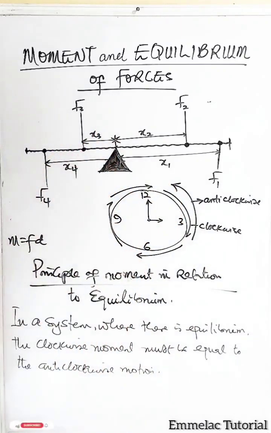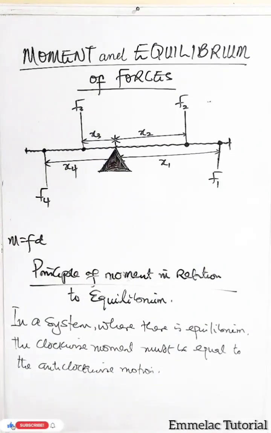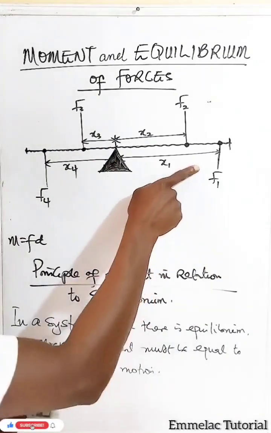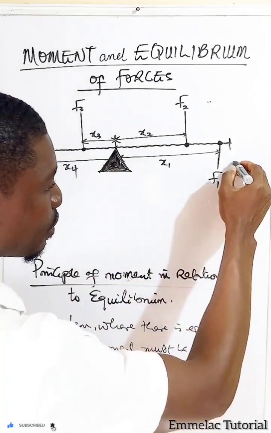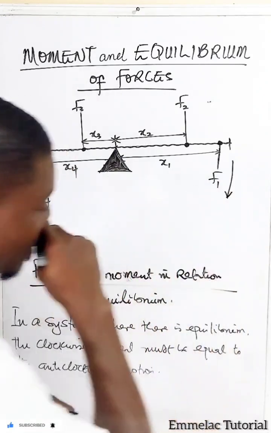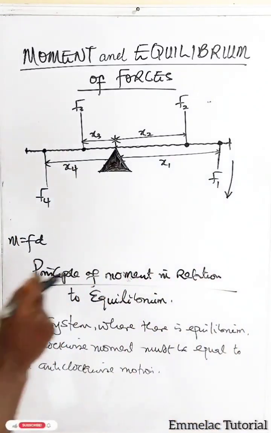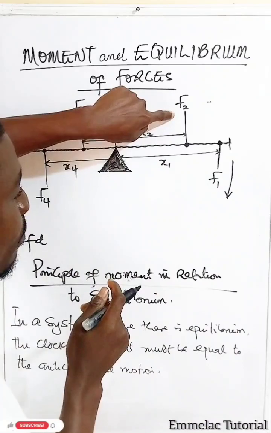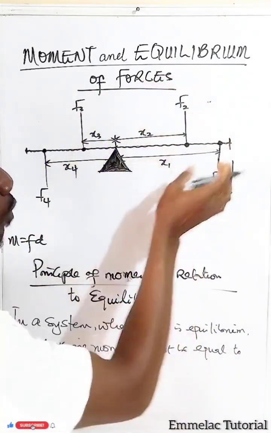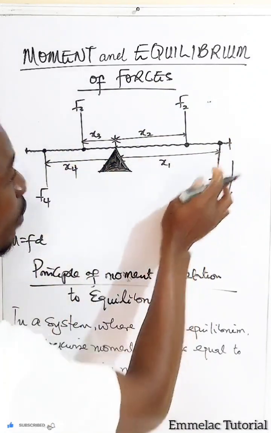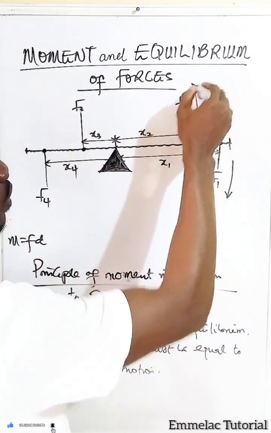All right, now let me use this clockwise movement and anti-clockwise movement to explain this system of moment and equilibrium of what? Forces. All right, so in this case, here this force is actually pointing downward, so which means this force will act downward. Now this force is acting upward, so it means if you tend to pull, you want to pull this meter rule upward. Okay, so this one is going upward.